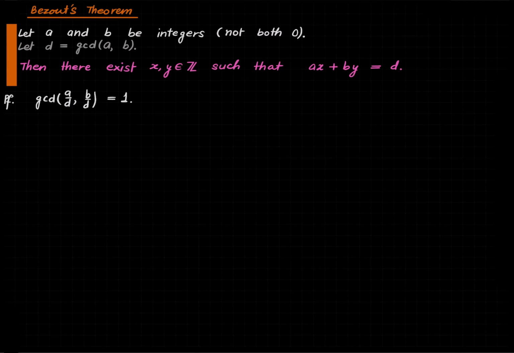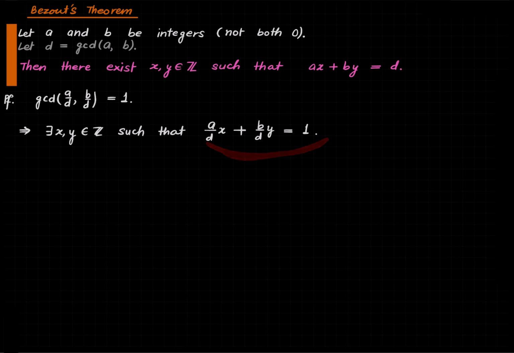And now use the special case of Bezout's theorem. So this implies that there exist integers x and y such that A by d times x plus B by d times y is equal to 1, and that's it. Cross multiply, you get this thing.